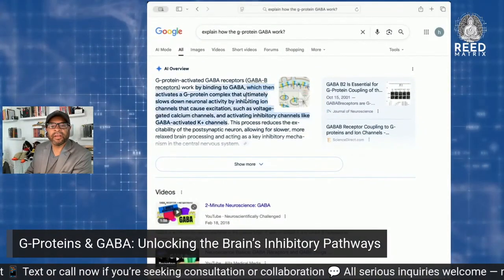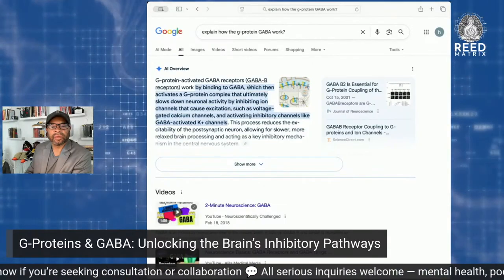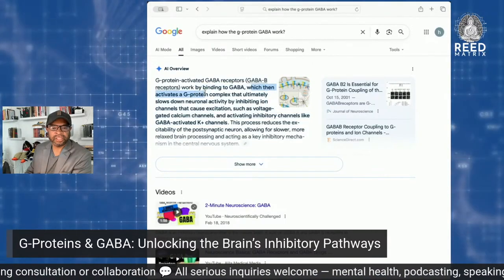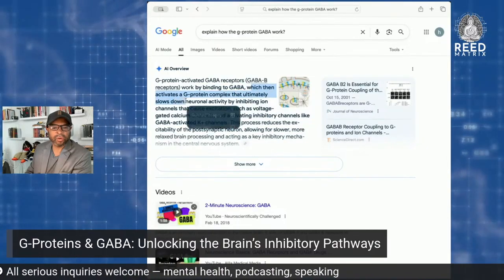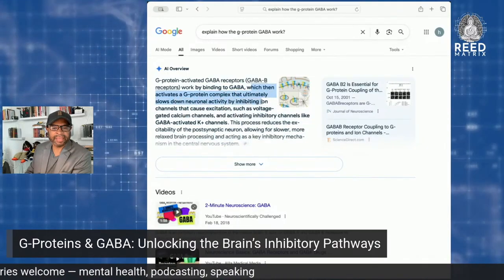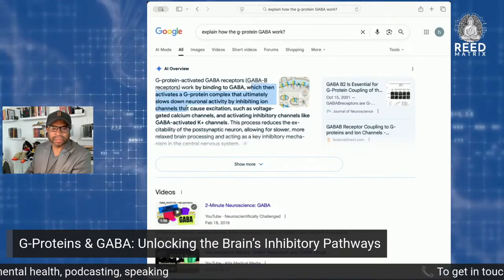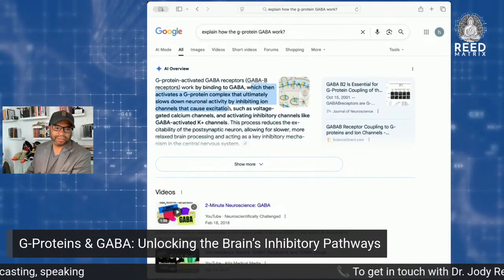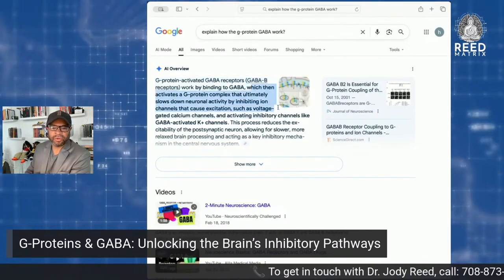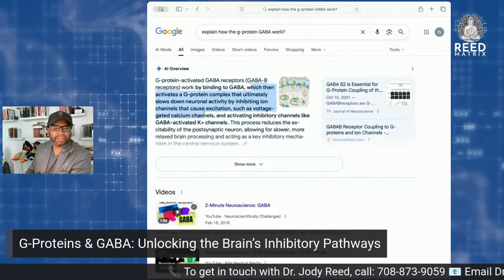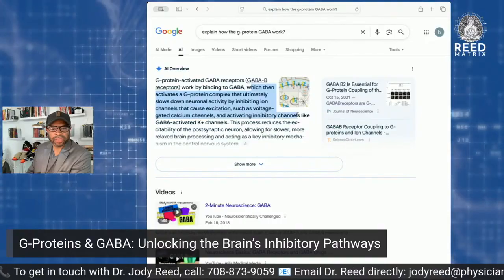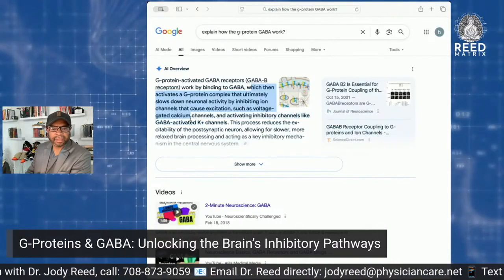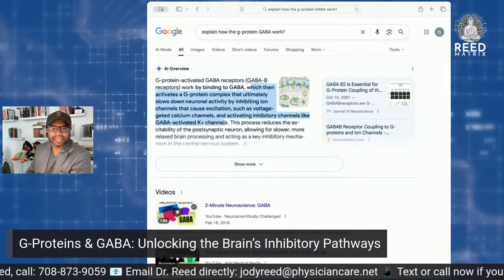Which then activates a G protein complex that ultimately slows down neuronal activity by inhibiting ion channels that cause excitation, such as voltage-gated calcium channels, and activating inhibitory channels like GABA-activated potassium channels.